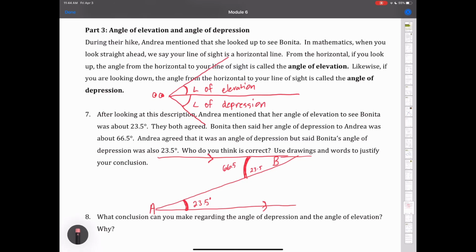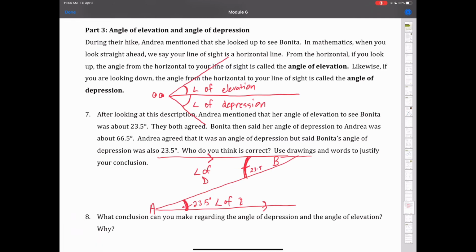So this angle of depression here and this angle of elevation will always be congruent, okay, because they are alternate interior angles to that horizontal line.